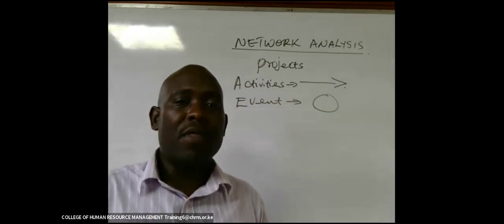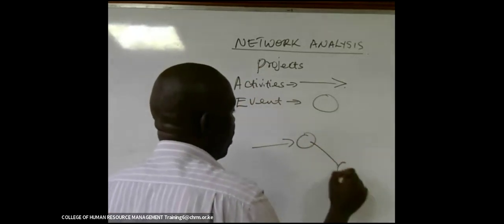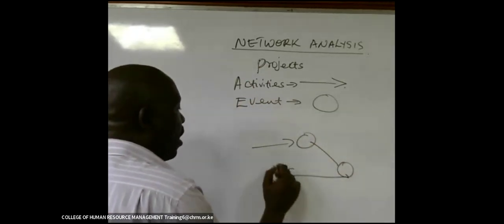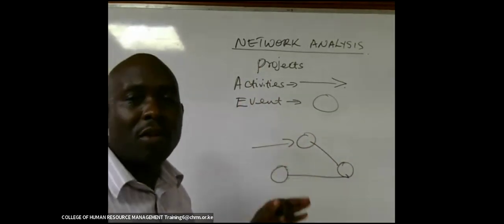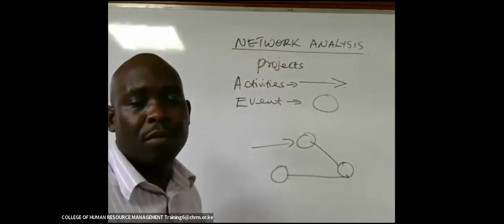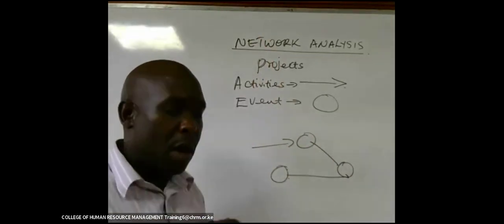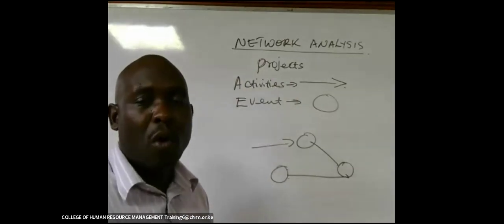And a loop is whereby the project moves forward and then it starts moving backward. We should avoid scenarios like this. The project should be forward moving. We should not get to a point whereby now again we are moving backwards. It should always be forward.